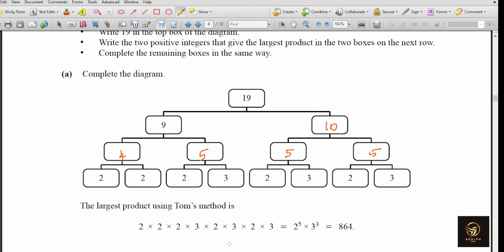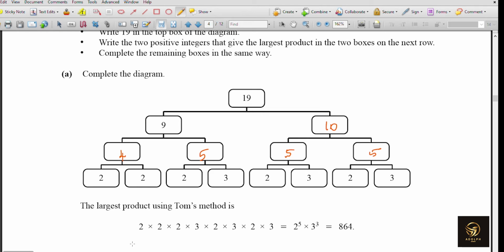Okay, then the largest product using Tom's method is, okay, so what he has done is previously we have taken only that 9 and 10 and we got the product, but they are doing it to the maximum level. So like 9 in the sense 4, 5, 5, 5, then again they are dividing that into 2, 3. So every number if you are taking, then that will go to the maximum of 2 or 3.